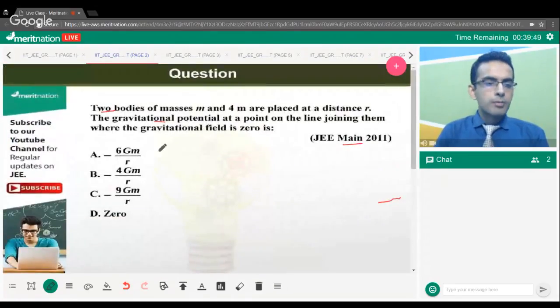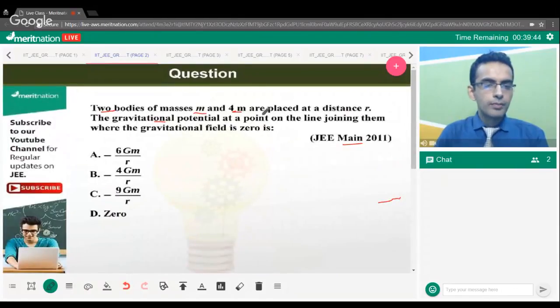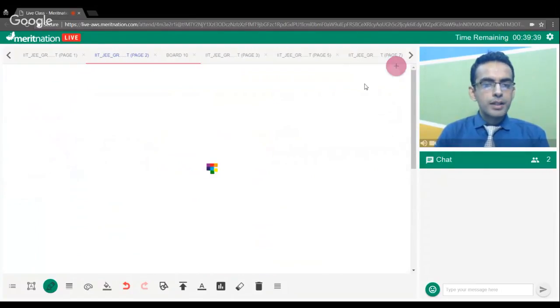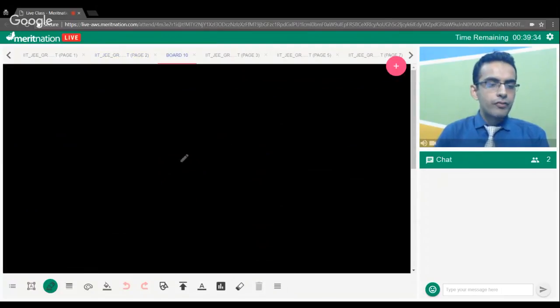Now the question says there are 2 point masses, two bodies of mass m and 4m, placed at a distance of small r. We have to find a point where the gravitational field is 0. Let's say this is the point of mass small m, and the other one is of mass 4m.